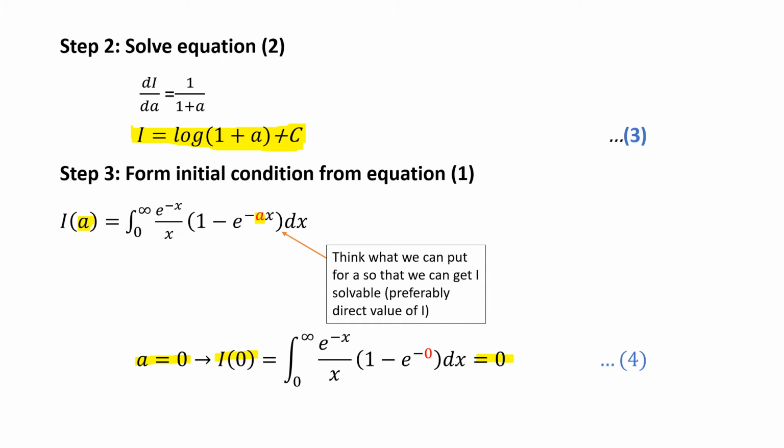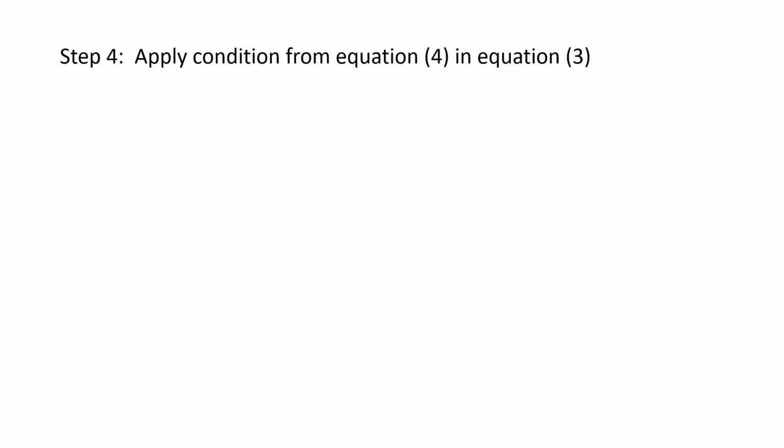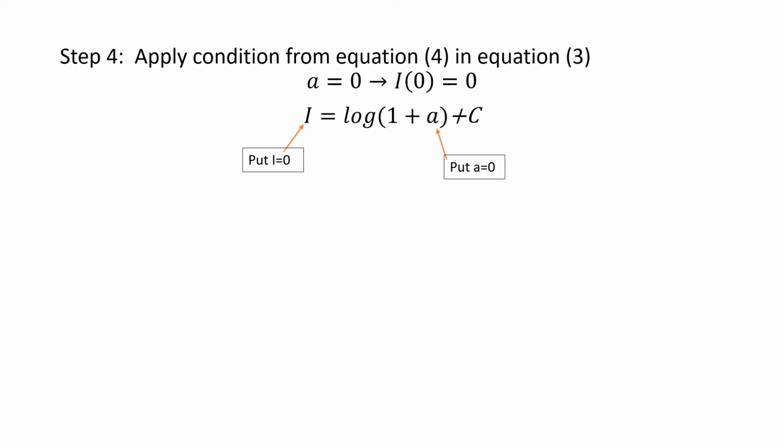Now in step 4 we will apply this initial condition to the solution we got in step 2, in equation number 3. If we apply a equal to 0 implying I(0) equal to 0 in this equation, so I is 0 and a equal to 0, we get c equal to 0 because log 1 equals 0.